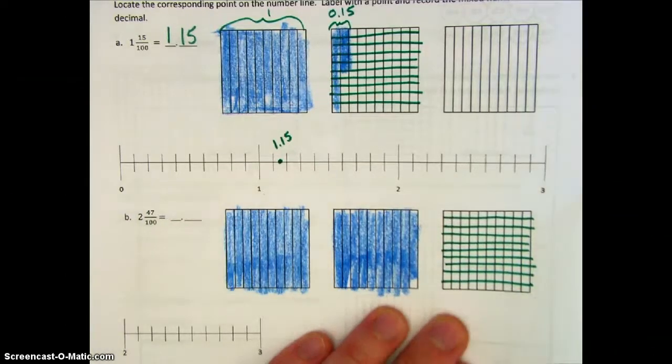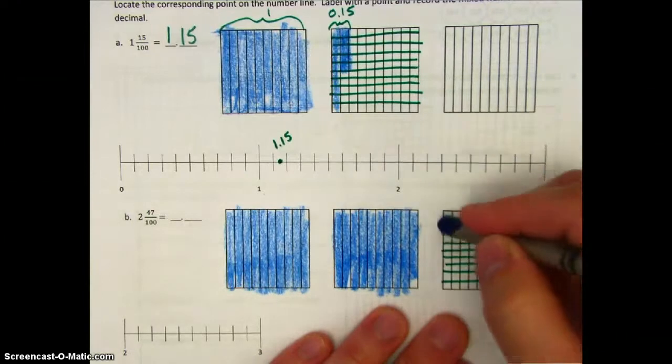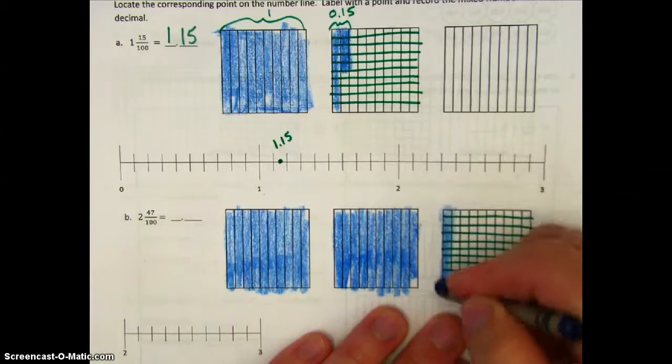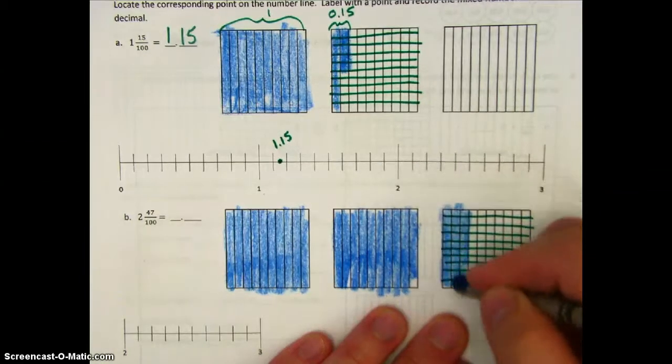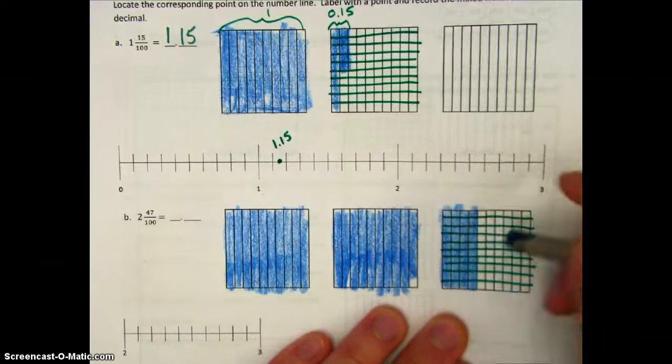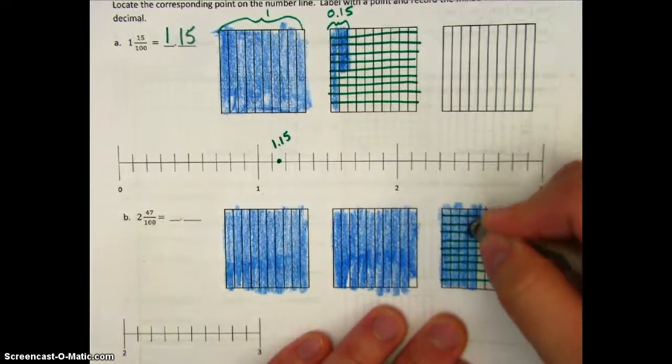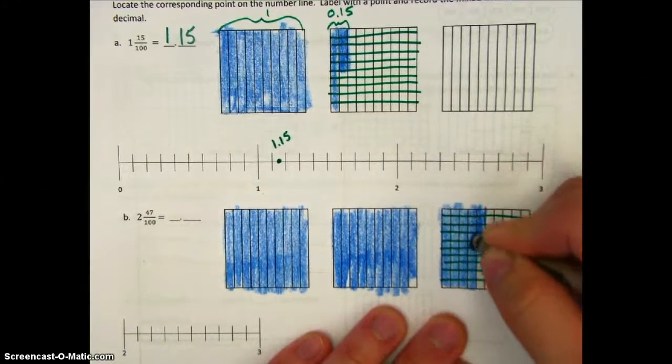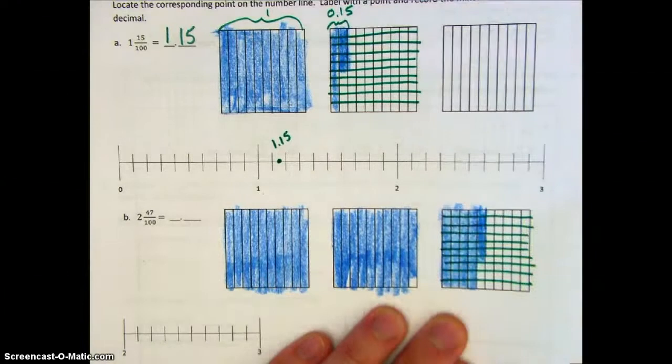We need to create 47 hundredths, so you know that we need to shade in 4 columns and then 7 more hundredths. So we end up with that.